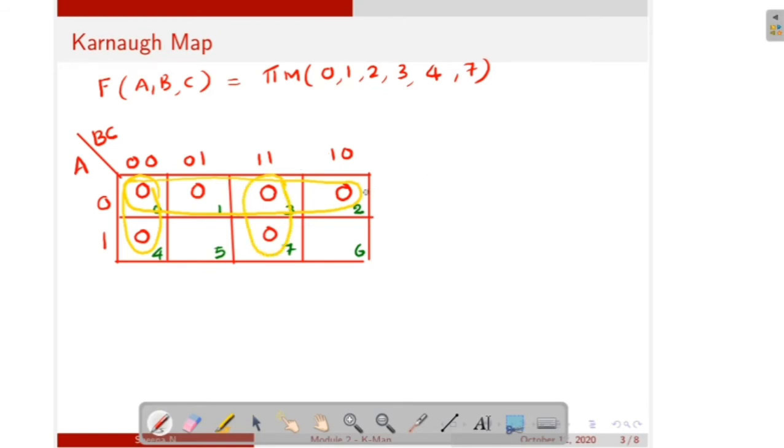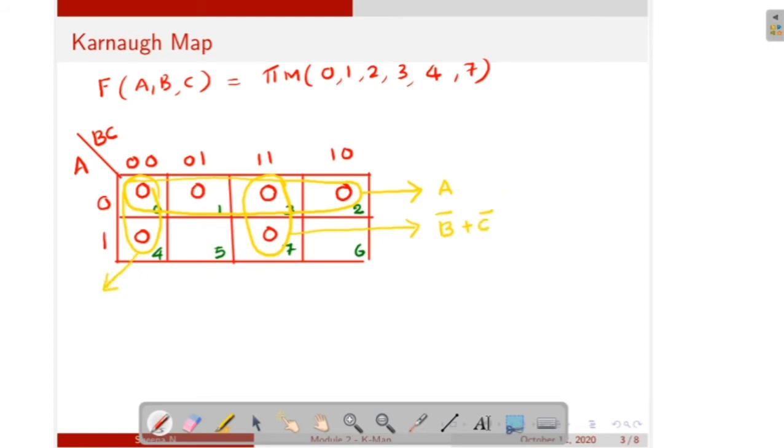Next we can write the expression for this quad. Here B and C variables are cancelled, only A. In the case of a max term, when A is equal to 0, it is represented as A itself, unprimed. Next the expression for this pair: here A is cancelled, we have only BC. B is equal to 1, C is equal to 1, that means B bar plus C bar.